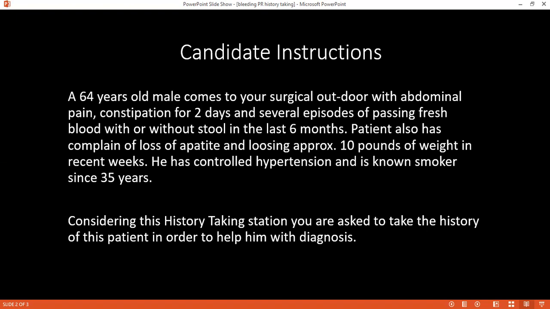He also has weight loss and an altered bowel habit. Sometimes he has constipation, sometimes diarrhea. There is no jaundice, and his family history is positive, as his father had the same problem and died due to some cancer. That is the summarization.